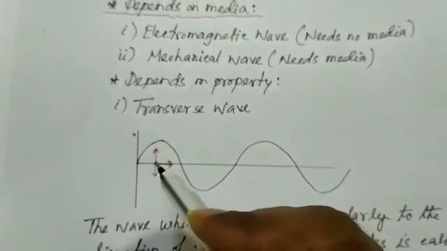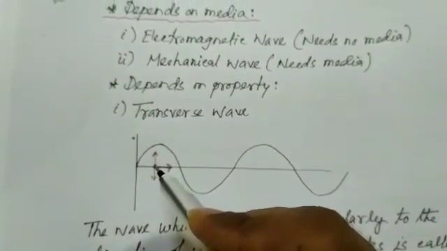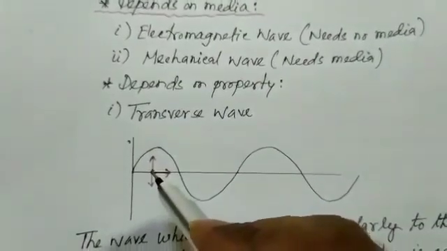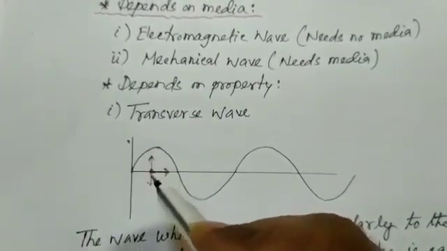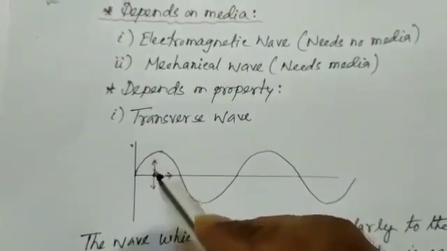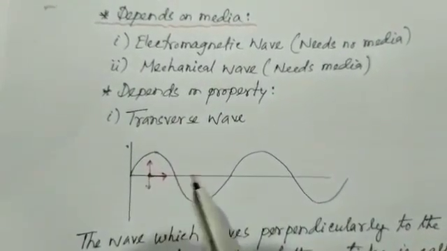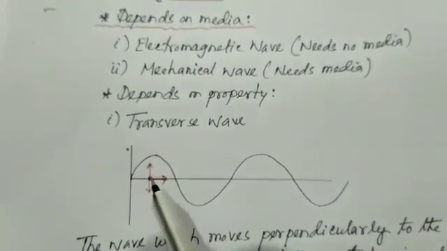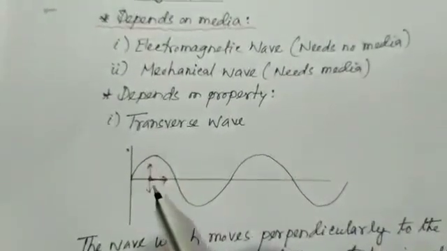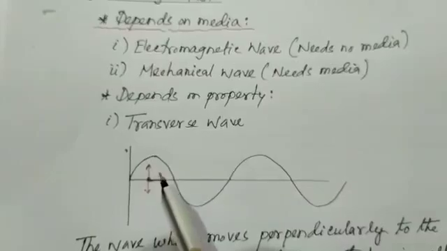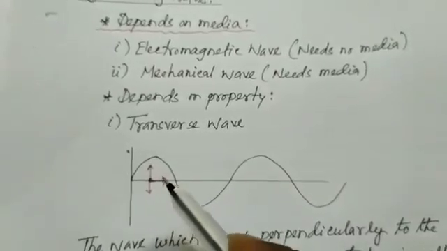If we apply energy, the particle oscillates up and down, up and down, and the wave will transfer from left to right. So the direction of the wave and the vibration of the particle are perpendicular to each other, and this kind of wave is called the transverse wave.